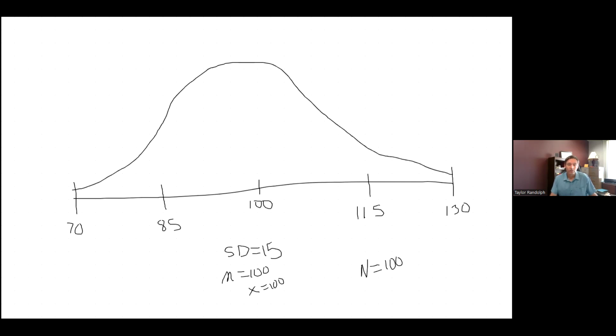So what we assume then with this data is that, if I'm drawing lines here, let's say 34% of people lie within 1 standard deviation above the mean. 34% of people would fall within 1 standard deviation below the mean.